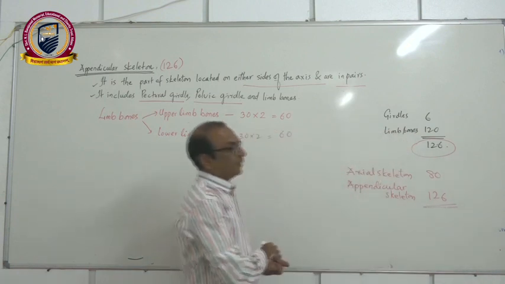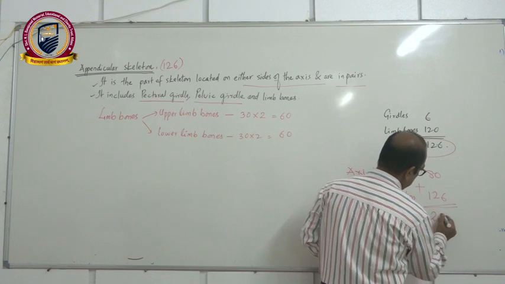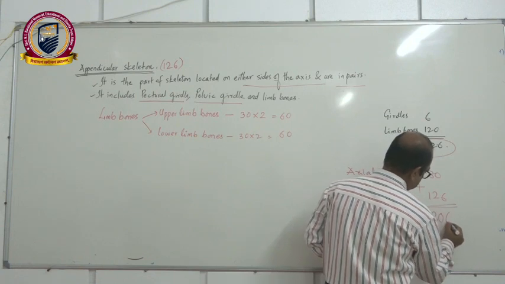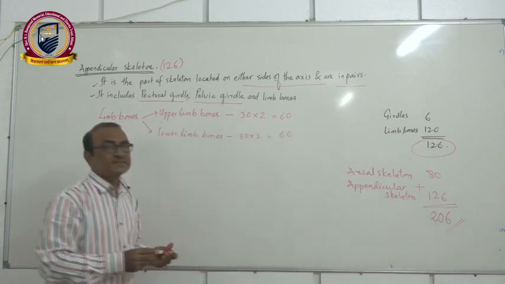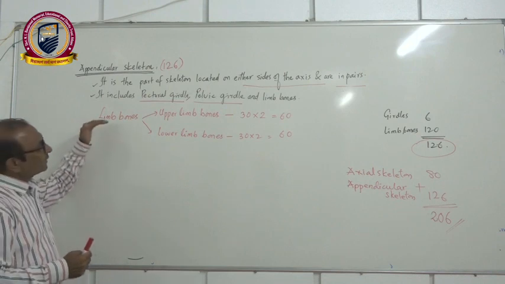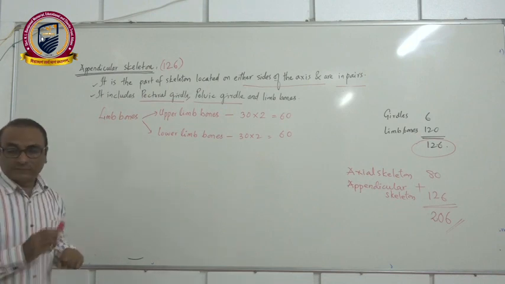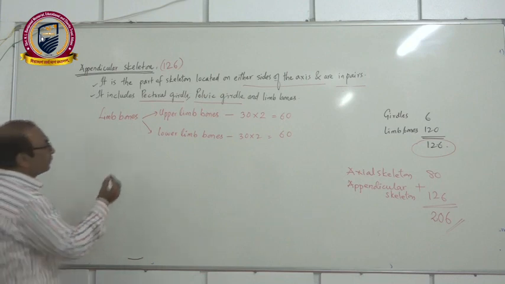So if you add these together, we get the number 206. So that is how we have got 206 bones in our body. Now let us know the names of the limb bones. First let us take up the upper limb bones.